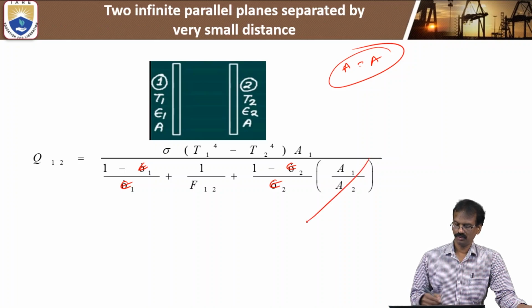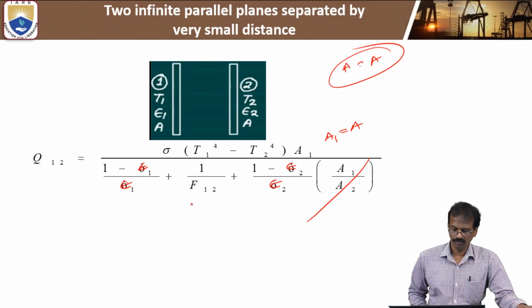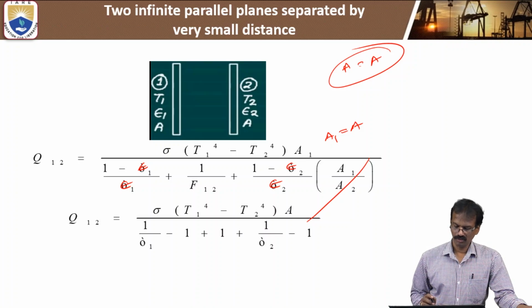Both are the same, so this will be cancelled. Then area A1 is equal to A. So what is the value of F12 for the planes?